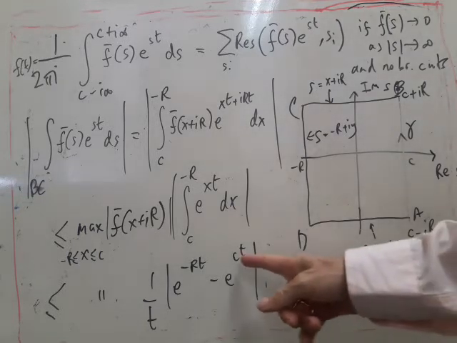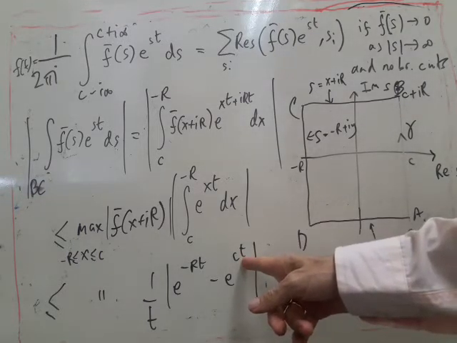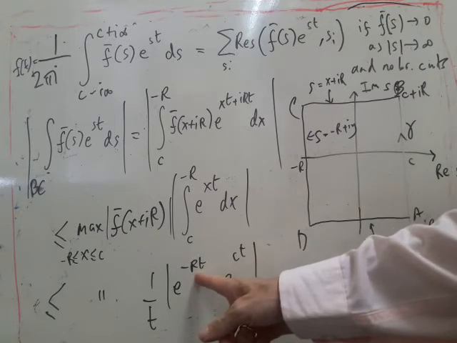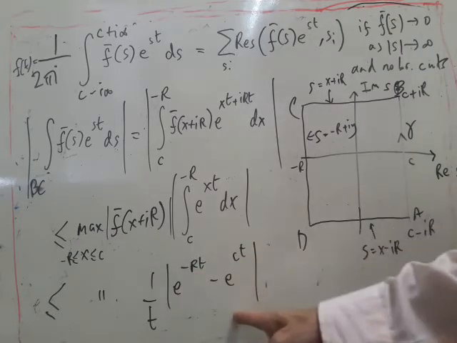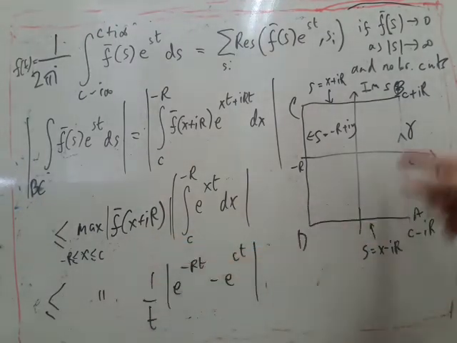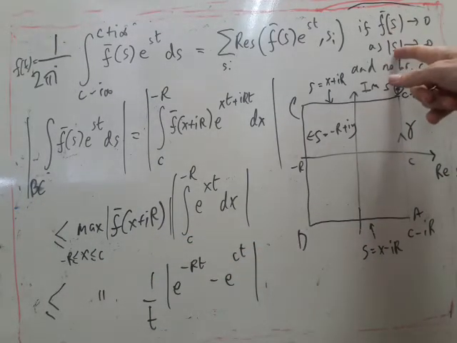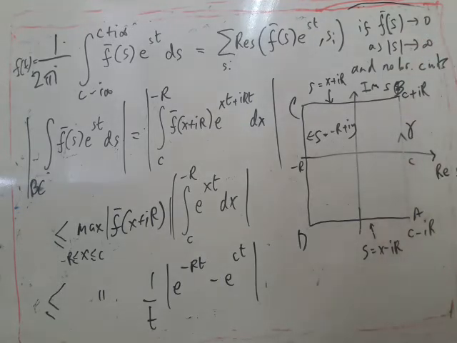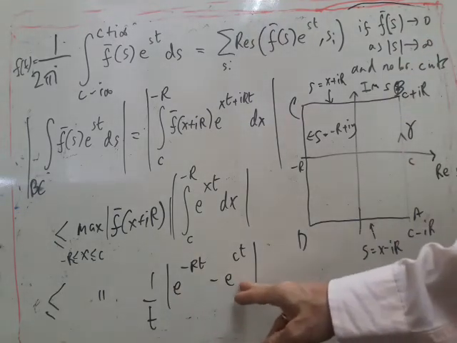So as long as t is finite and r is positive, this will all tend to 0, because we've said that f bar tends to 0 for any s as s goes to infinity.